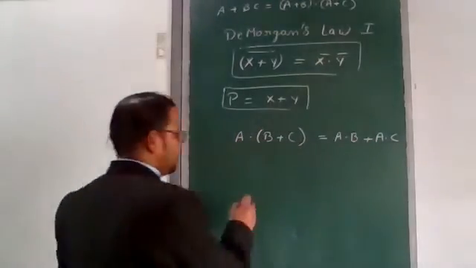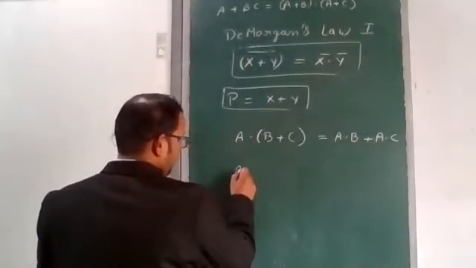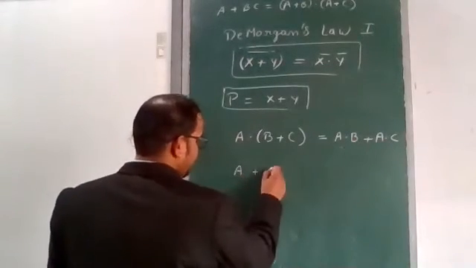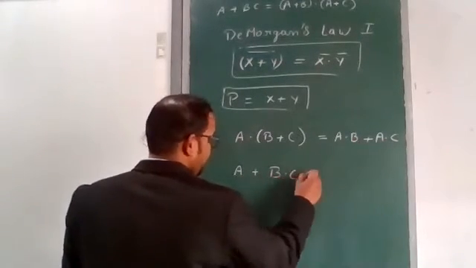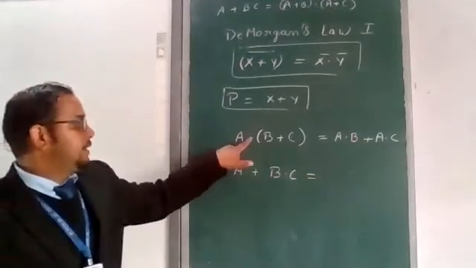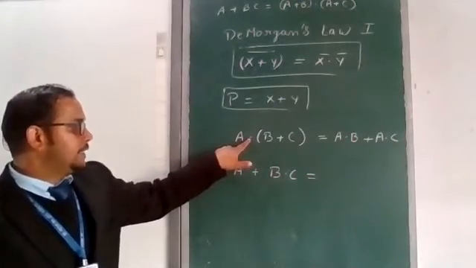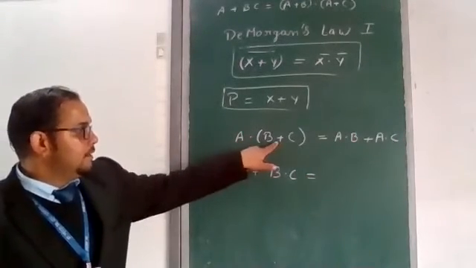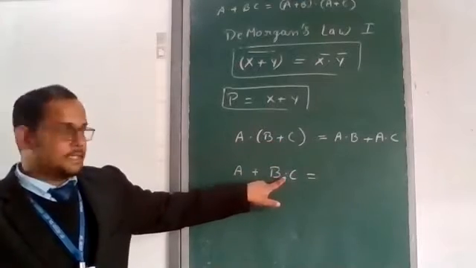Now the second property of distributive is A plus BC. Now the sign is changed: instead of multiplication, plus, and the plus sign is changed to the multiplication sign.